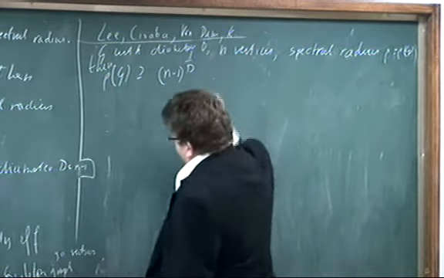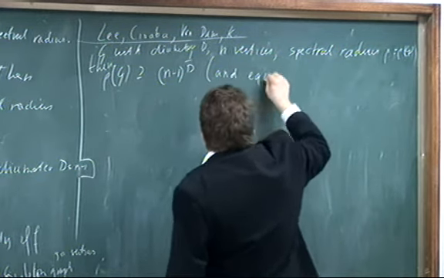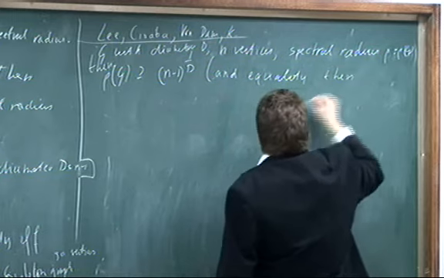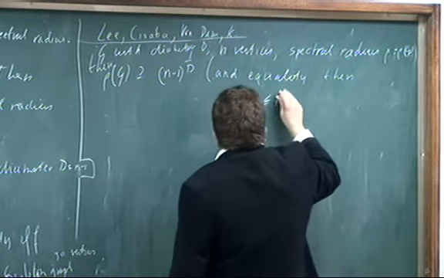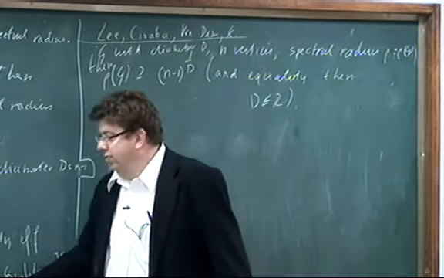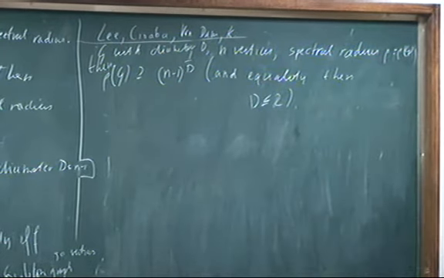And equality if and only if d is at most 1 or 2. And then you are in this case where you have equality here, or for d is 1, there's nothing to be proven.